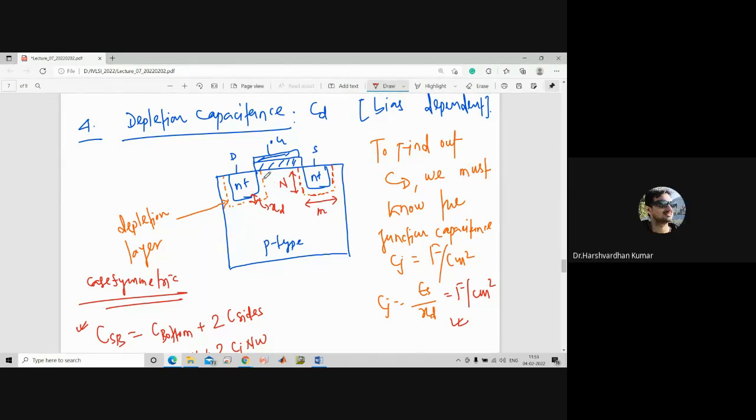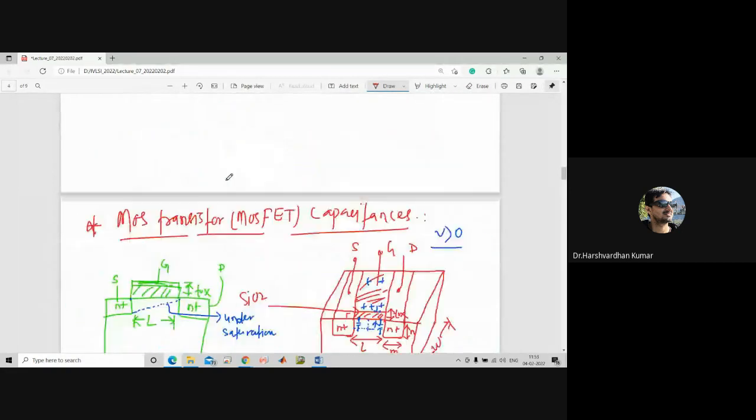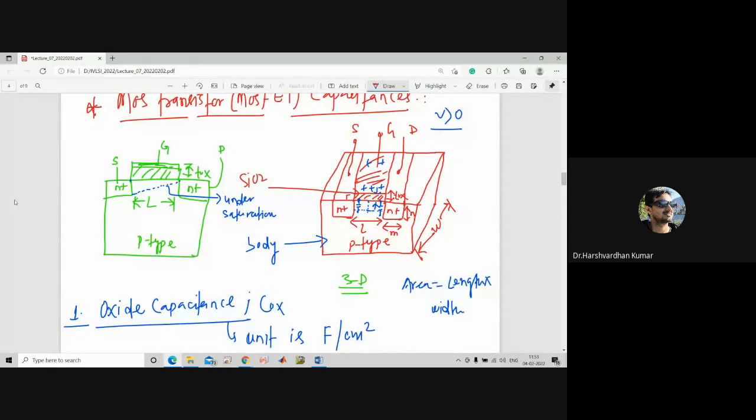In the asymmetric case, under saturation, let us see the 2D structure here. The height will be different on the two sides, meaning the value of n will be different, right?